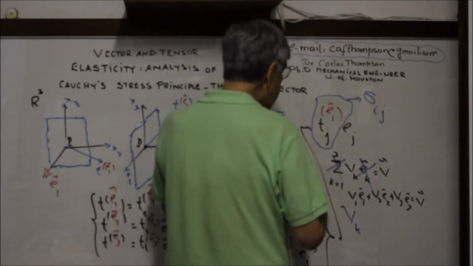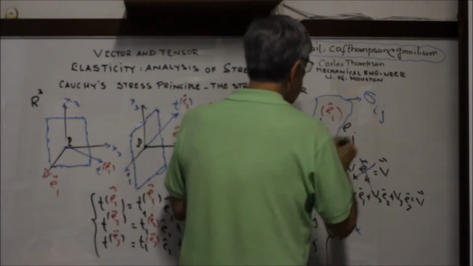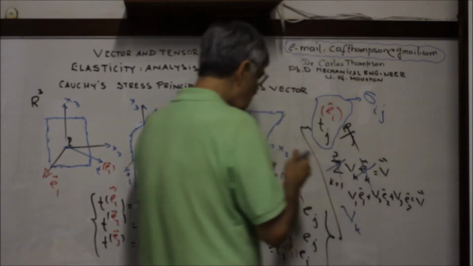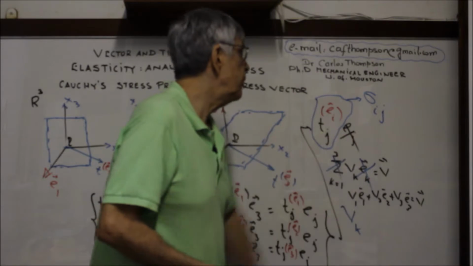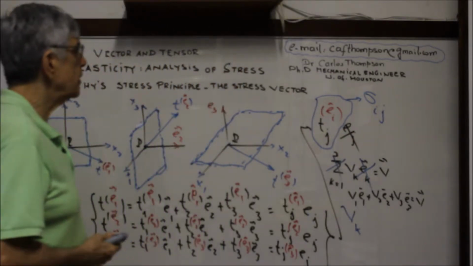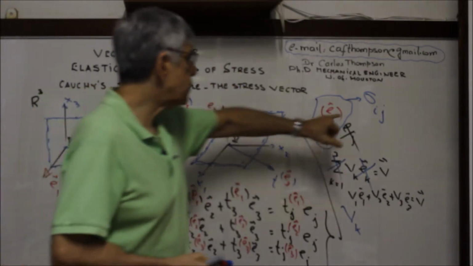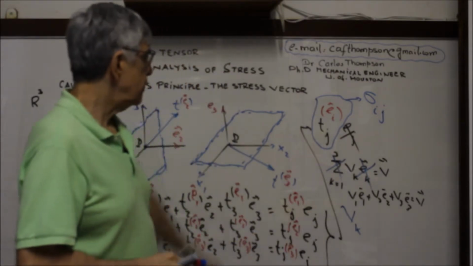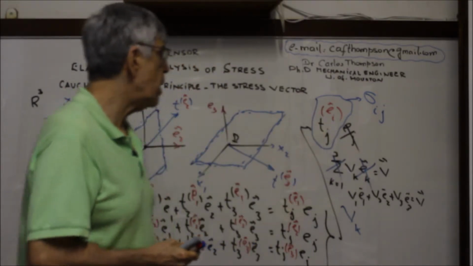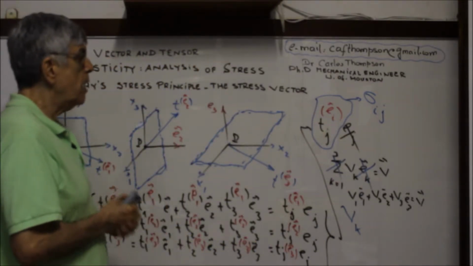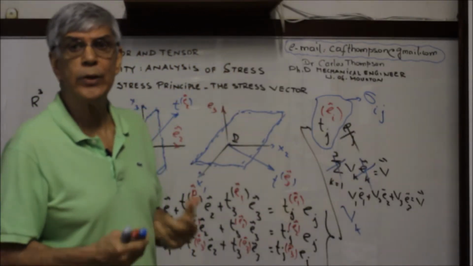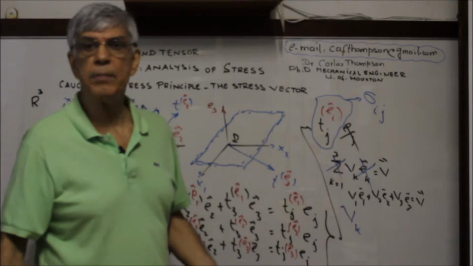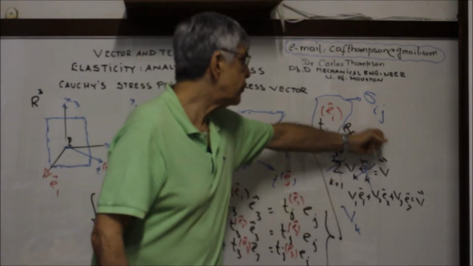So let's forget Ej and work with the component sigma ij. These are called stresses. This is stress sigma ij. This is Tj Ei. It's simple. How many components do you have here? You have 9 components. So this is a matrix.